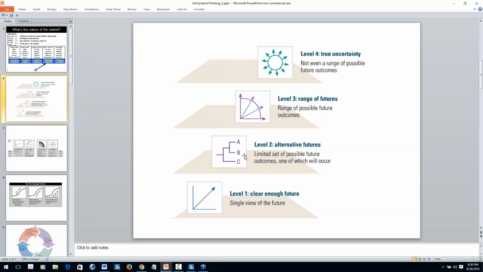Level 3 is one in which a complete range of futures is possible, and that typically we would think of that as a future state could occur anywhere on that horizon, or on that quarter of the circle right there. And so when that occurs, we probably are not capable of computing each and every point on the curve to see how all of our scenarios or all of our proposed strategies might work.